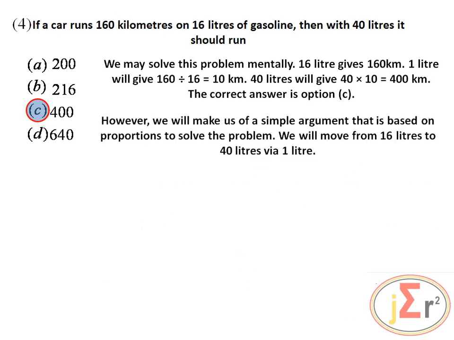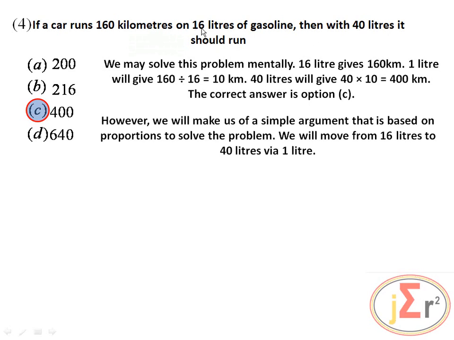However, we will make use of a simple argument that is based on proportions to solve the problem. We will move from 16 liters to 40 liters by way of 1 liter or via 1 liter. So we have 160 kilometers on 16 liters, and we want how far it will go on 40 liters.